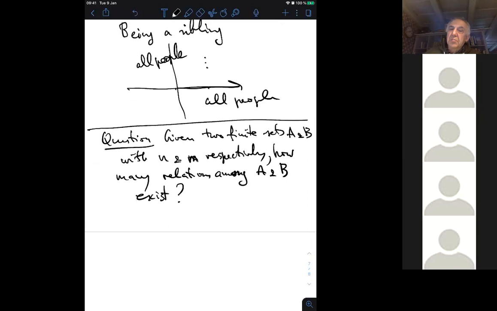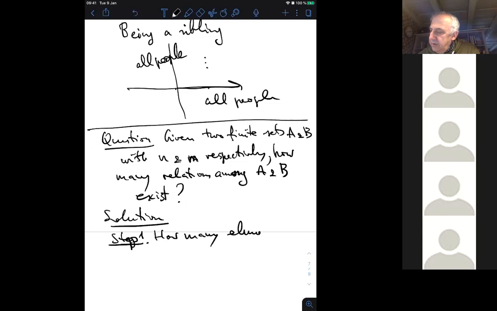So first of all, I have said that the general relation is any possible subset in the product set. So the solution. Step one: how many elements does A times B contain?